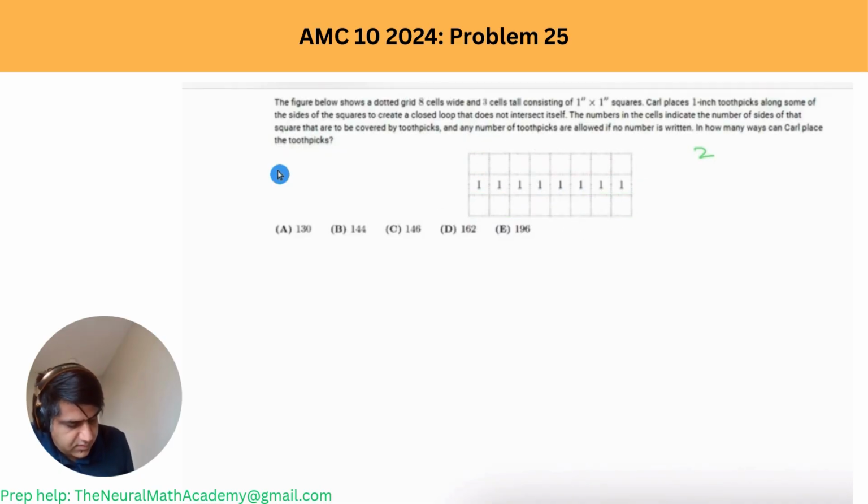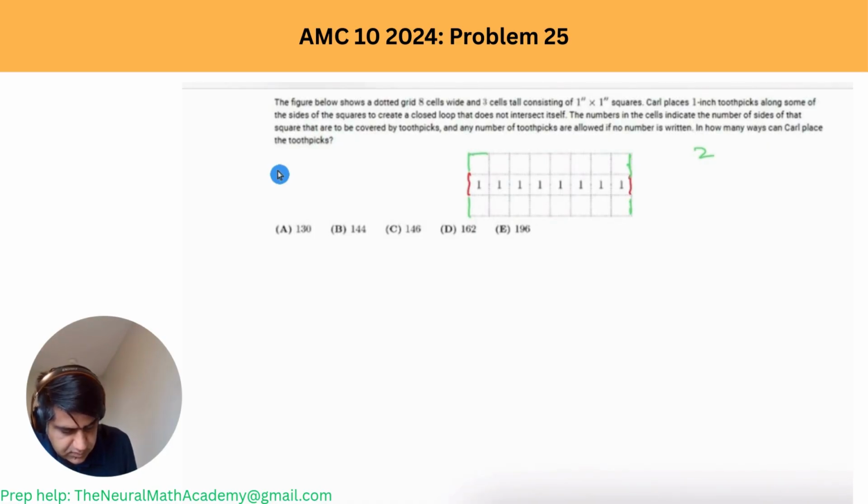As I said earlier, one of the possibilities would be if we simply put one here, and then we can have the edges, right?